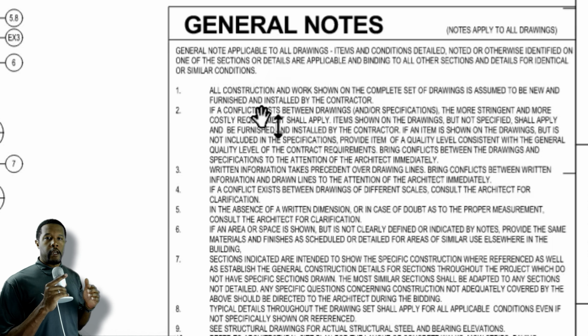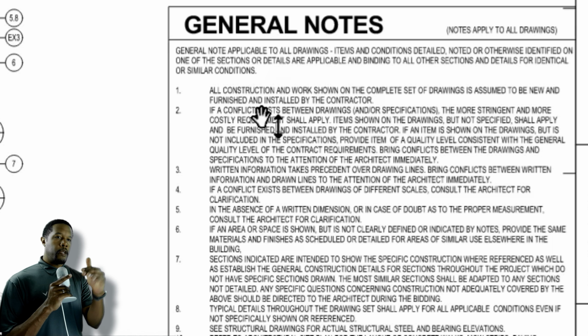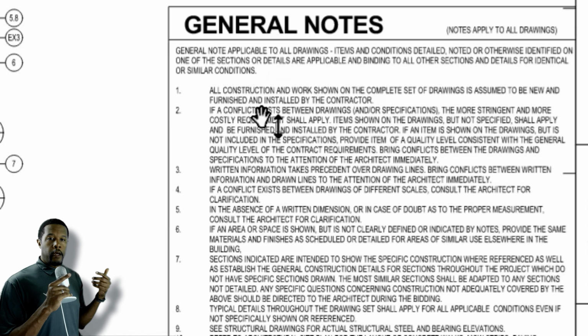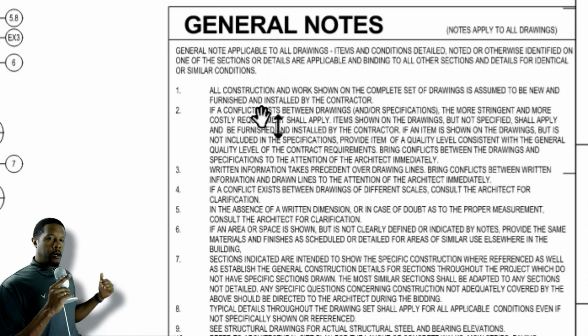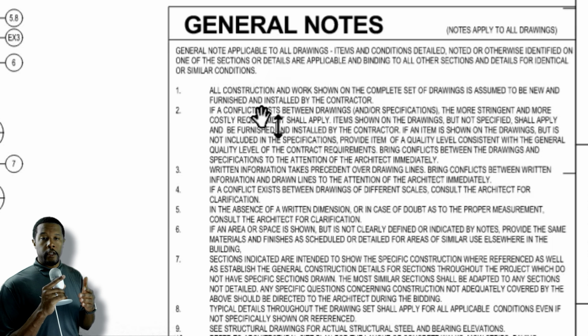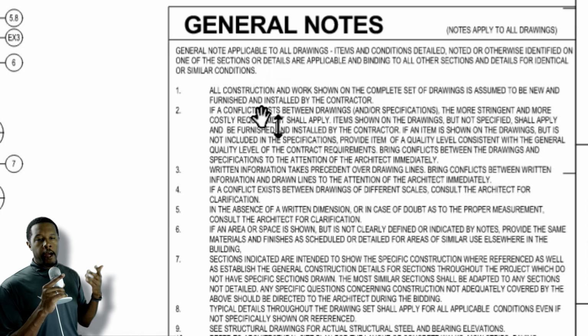All that was basically saying is that if we put something in these notes, it applies as a general note on all the other drawings, unless we tell you otherwise. And if we have to tell you otherwise, there'll be another note that overrides the general note.